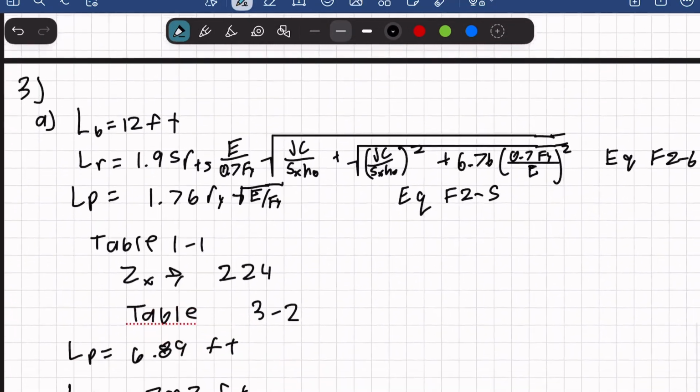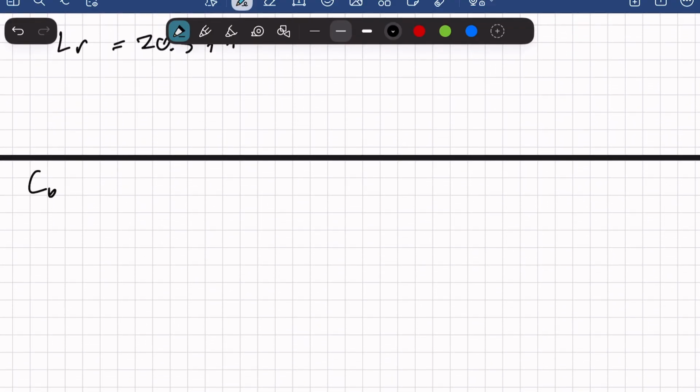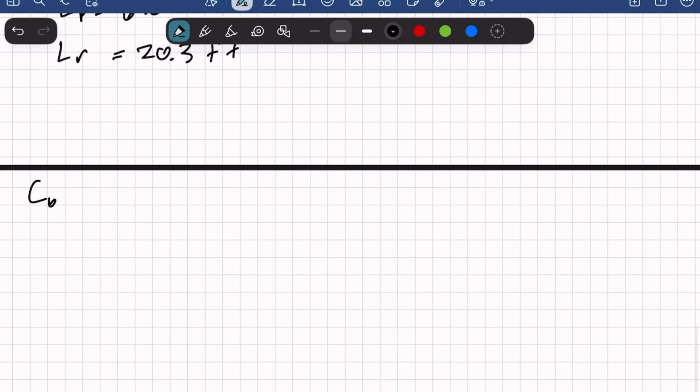CB is a very important value, and it accounts for non-uniform bending. There are tables for it. The one that's generally referred to is table 3-1, and you will see that for this type of loading scenario, CB is equal to 1.14.